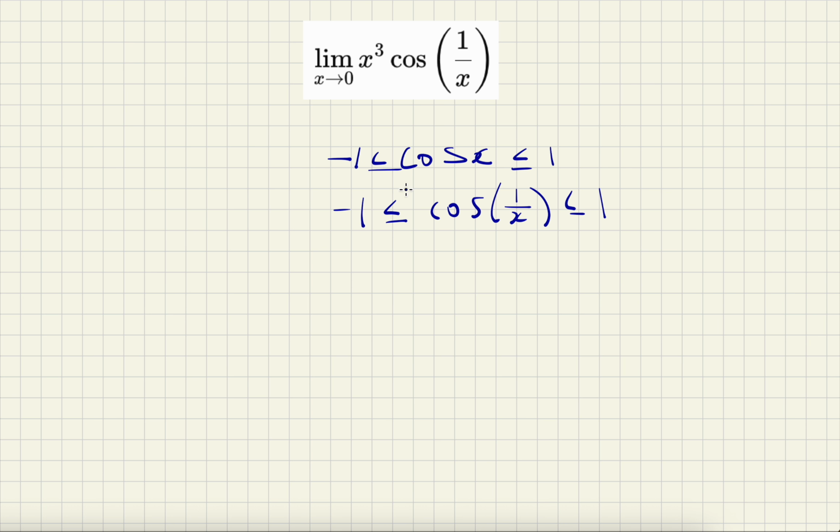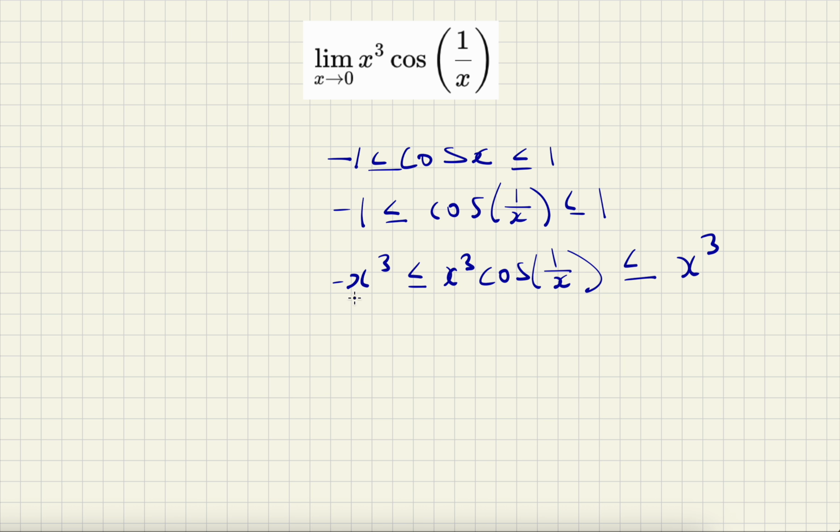And like before, we can multiply all of these terms by x cubed, because that's acceptable if you multiply all of them by the same value. You get negative x cubed less than or equal to x cubed cosine of 1 over x, which is less than or equal to x cubed.